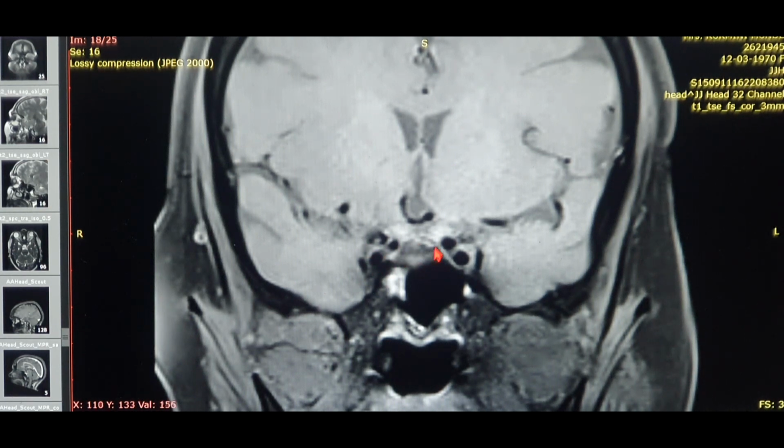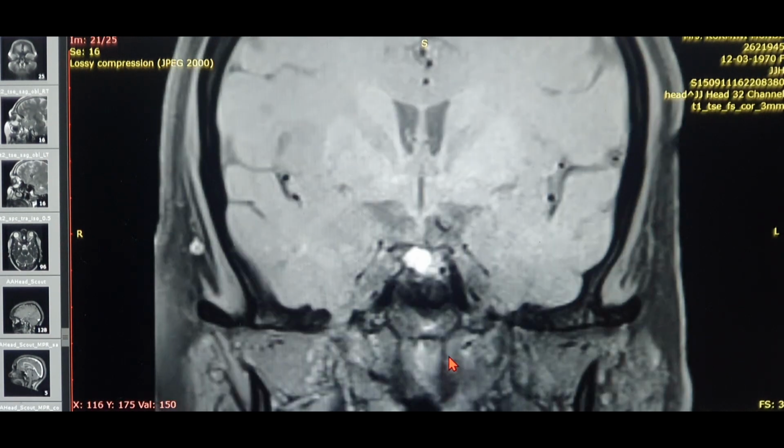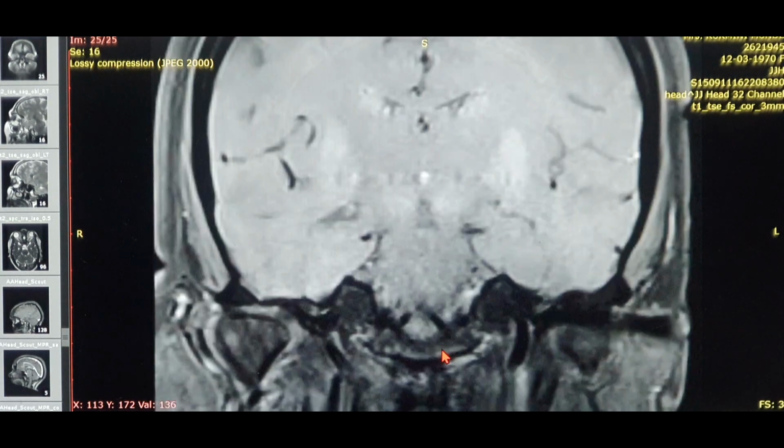That's the area of the pituitary gland over here, and that's the ventricles over here. So this is the area of the brain. This is the nasopharynx. That's the choana. So this is how you basically read the MRI, similar to a CT scan. So okay, that is how you read a basic T1 scan.